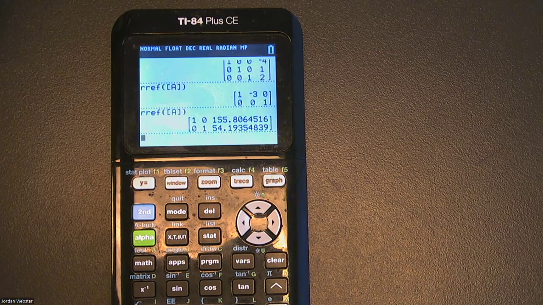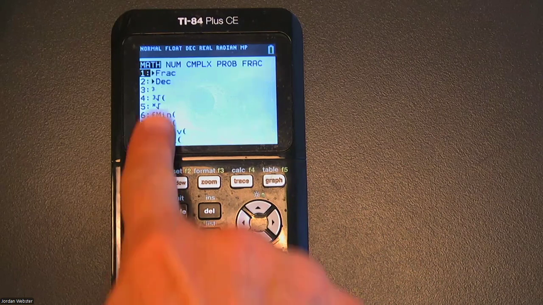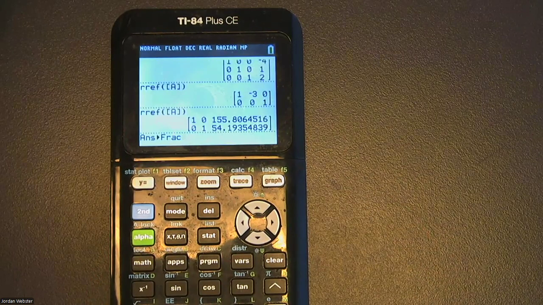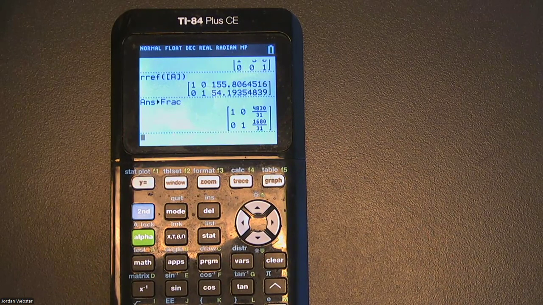If you want the exact fractions that those numbers are, you can actually on your calculator just hit the math key and then change all of the numbers into fractions if you'd like. So that's saying A as an exact fraction is 4830 divided by 31. I don't know what that is. I know it's about 155.81.